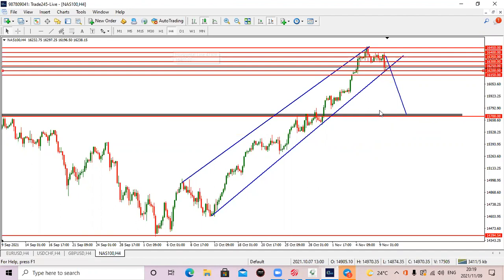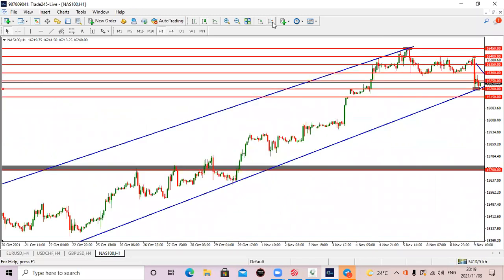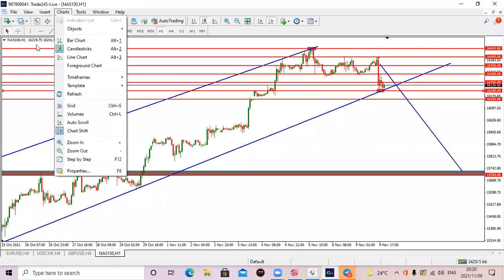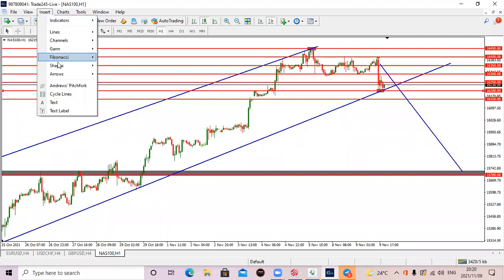How do you identify that? Identify with the H4 chart. Then when you go to the 1 hour chart, you can also see the market is likely to break this. In case it comes back and breaks, but if we get the rejection and then break above this, then we can likely go all the way up. But as long as we haven't broken this zone here, we are not going up yet.